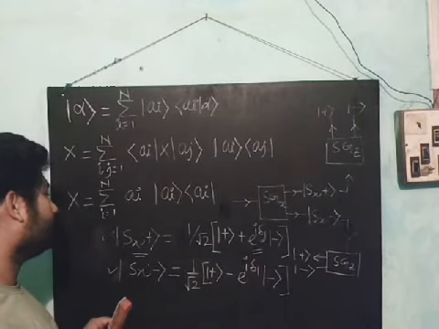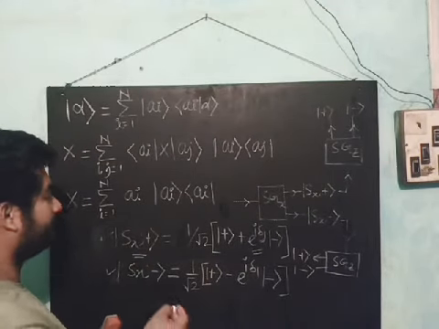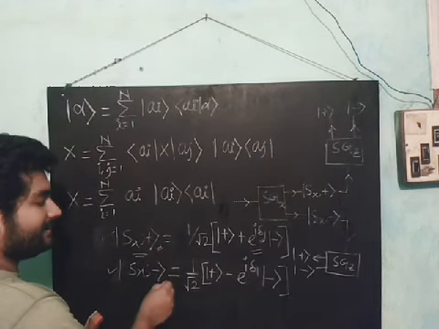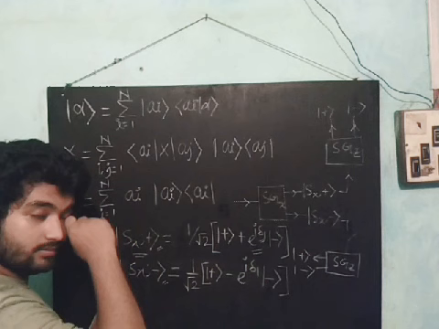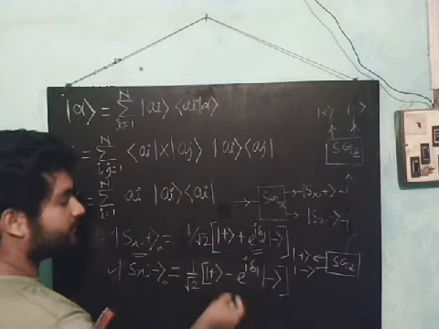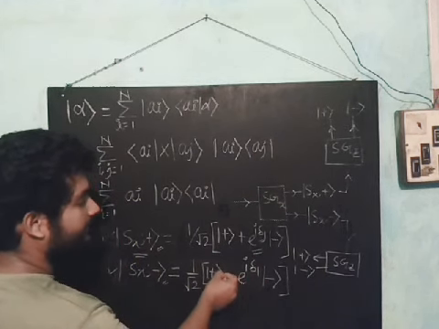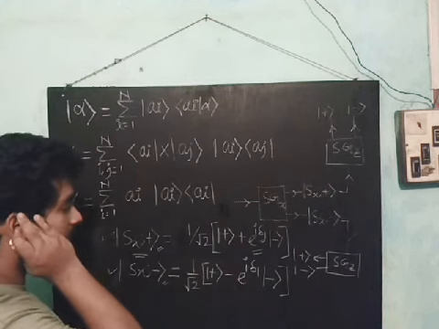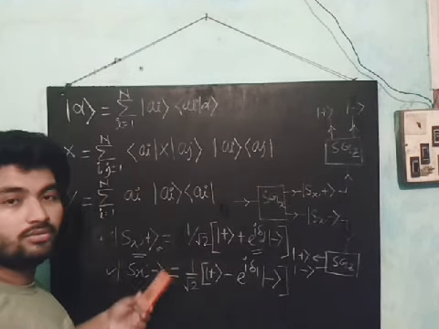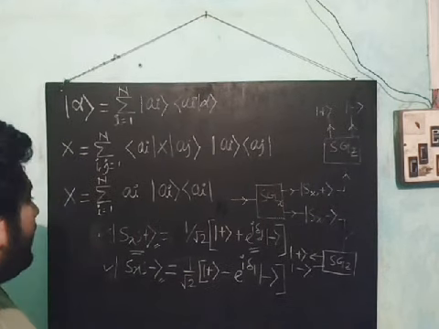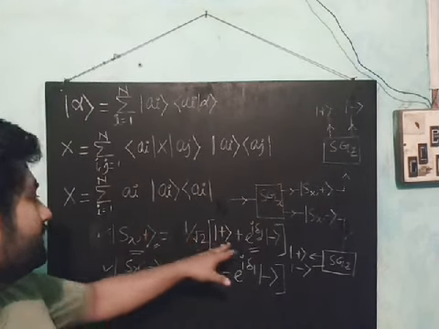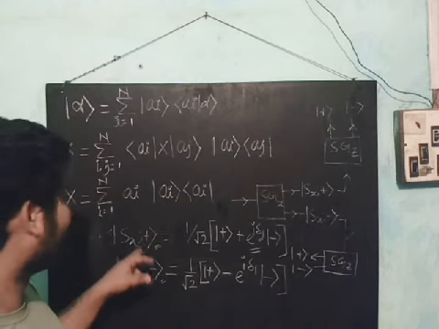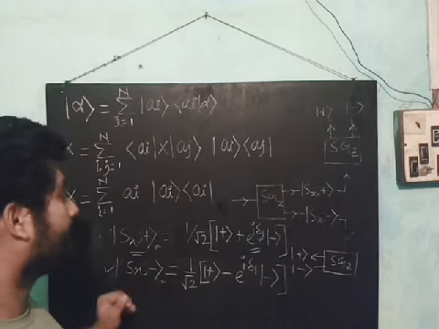You can check this: when you take the scalar product of this with this, it will give 0, and the 0 comes because I have put this negative here. So this negative is because of the orthogonality between these two states. Now I have the positive states for Sx and the negative states for Sx.